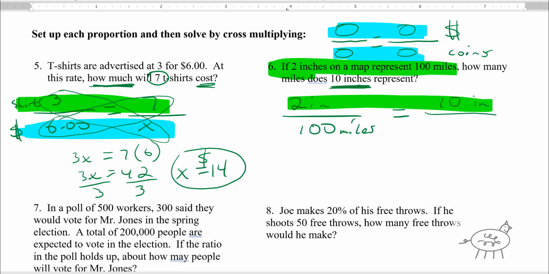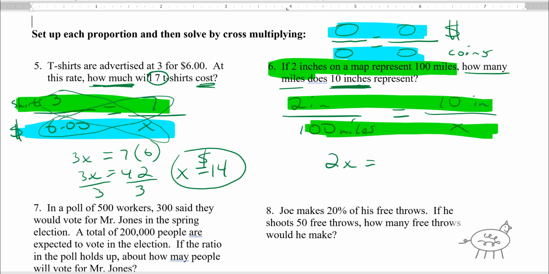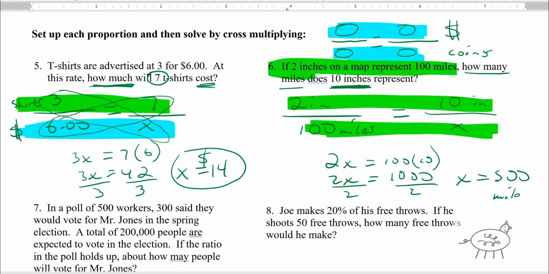And then it says how many miles. So that's our variable, because that bottom number needs to be miles. I cross multiply, so I get 2x equals 100 times 10. So 2x equals 1,000, divided by 2, x equals 500. So 2 inches is 100 miles, 10 inches is 500 miles.